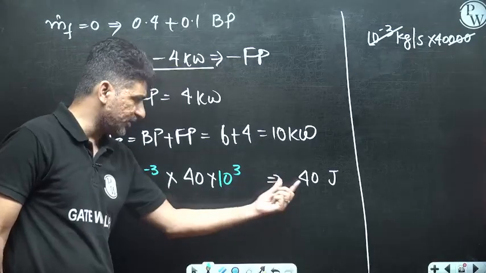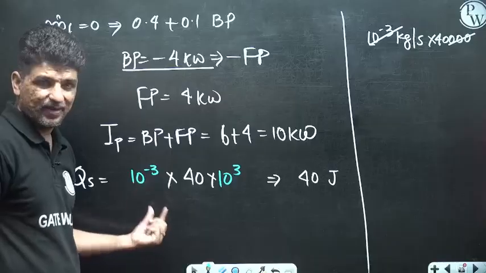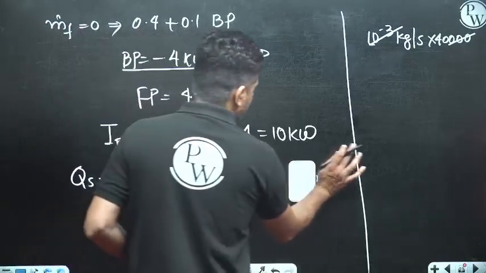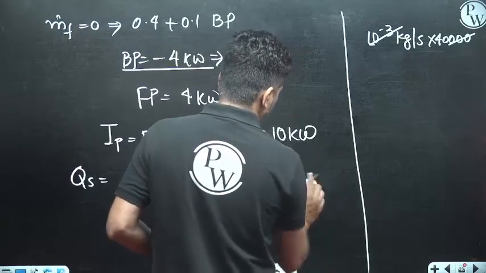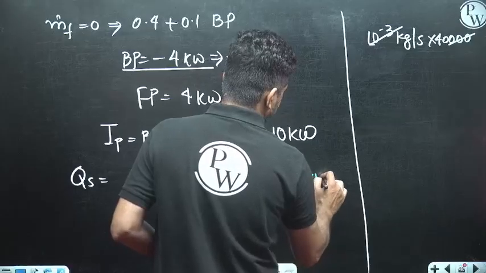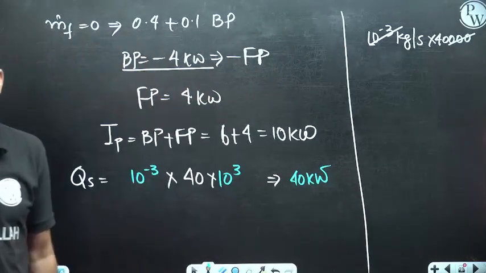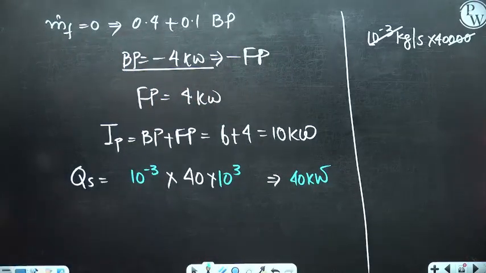So 40,000 kilojoule per kg multiplied by kg per second, this will become 40 kilojoule per second or 40 kilowatt. So heat supplied is your 40 kilowatt.